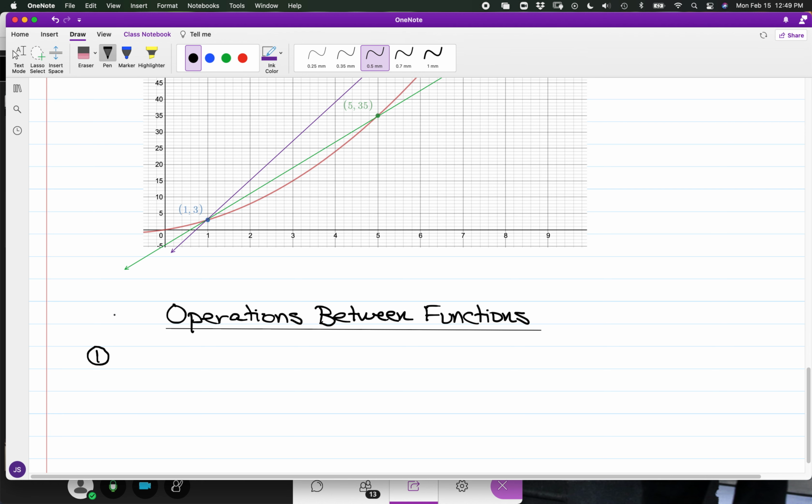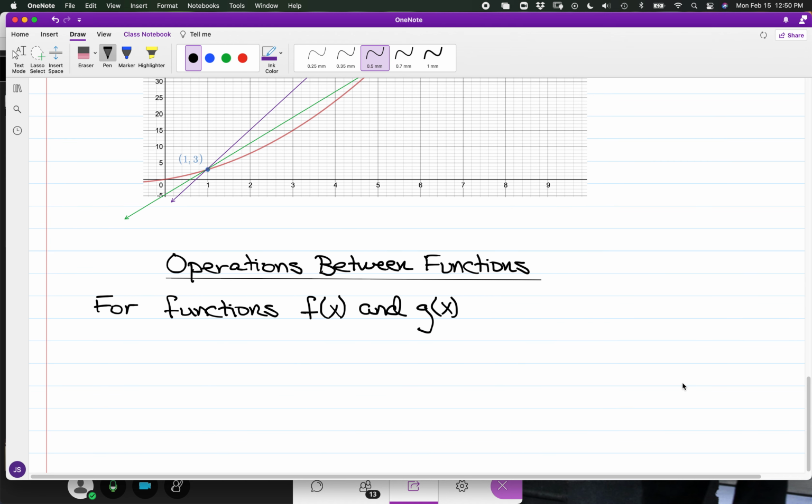Now we have 2 functions. It could be all kinds of combinations, but we'll say we have f of x once again, and the other function will be g of x.